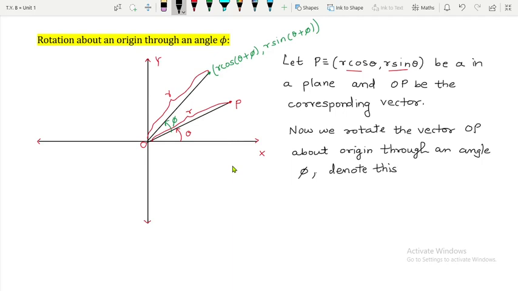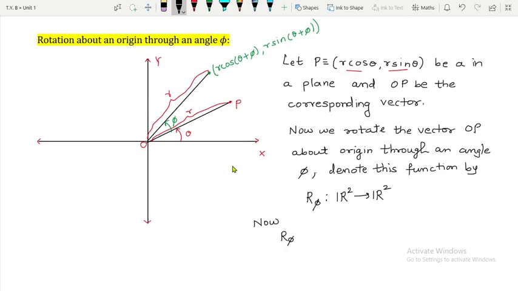So denote this function by some R phi. R stands for rotation, and phi stands for what? The angle. And definitely the map is from R2 to R2, because over here we are discussing rotation in a plane only.